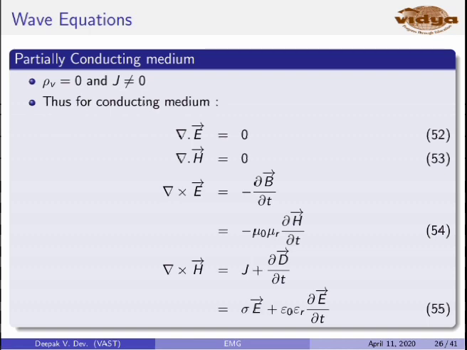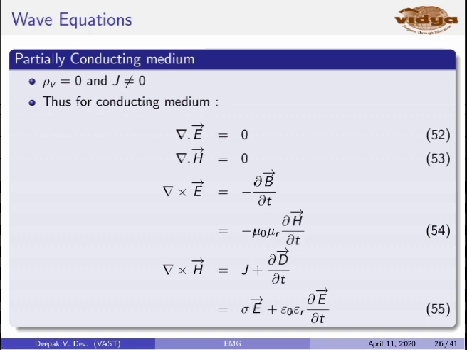For D we can substitute epsilon 0 epsilon R E, so it becomes del dot E is equal to 0. Thus we obtain equation 52. Then there is Gauss law for the magnetic field, del dot B is equal to 0. We substitute B equal to mu 0 mu R H, and from that we obtain del dot H is equal to 0. So del dot E is equal to 0, del dot H is equal to 0.